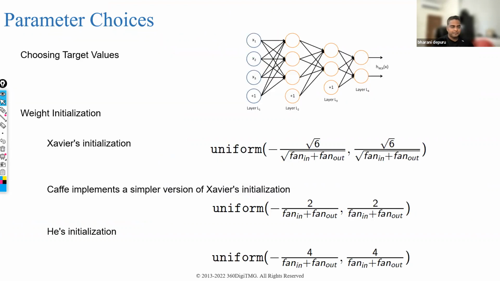Then weights. Weights or parameters or coefficient values all mean the same, right? And usually, how are weights assigned? Randomly. Randomly, the weights are assigned.